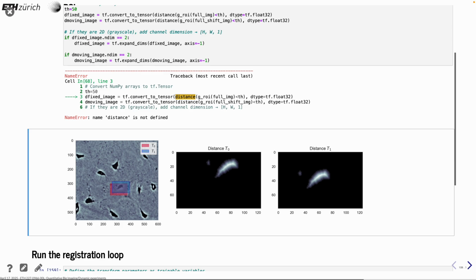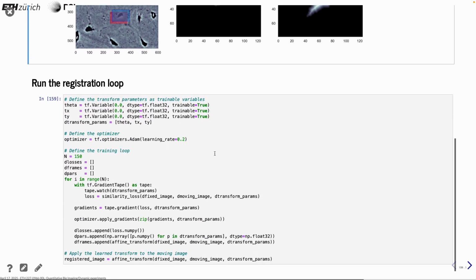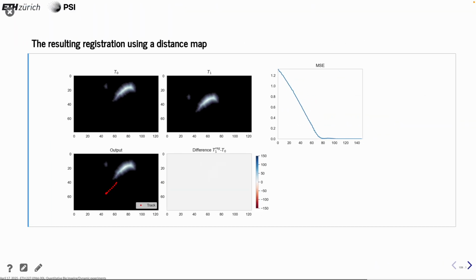And that is then used in the registration loop. The registration loop essentially looks the same, so there is not much more to talk about in this one. The only change is that we have a different input image.